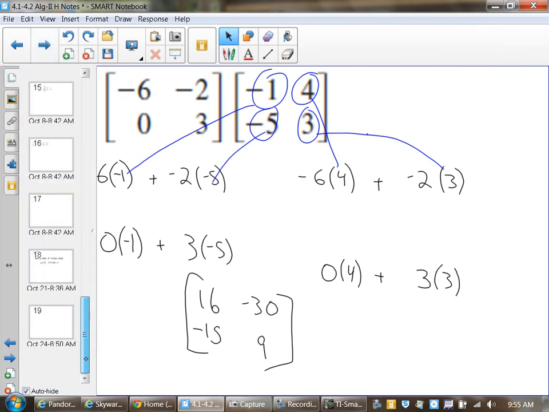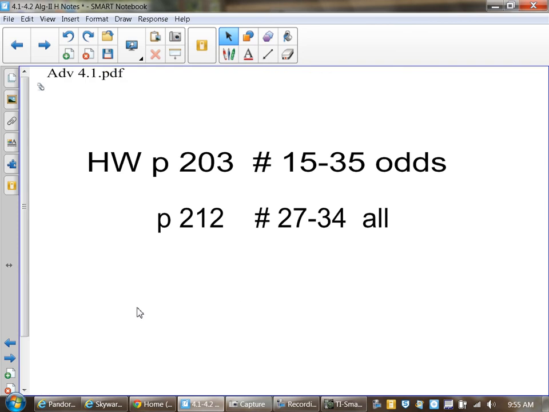We'll stop here. What is this time of the extra credit? This, we're going to cut this apart here. We're going to change this up, this page 212. The 203 is going to be not a problem. The 15 through 35 odds. The 212 stuff, I'm just going to give you a couple of 2 by 2s to try.